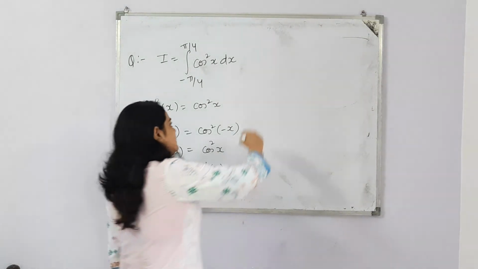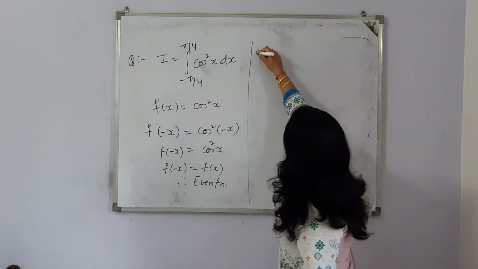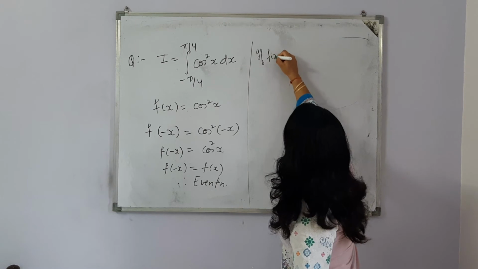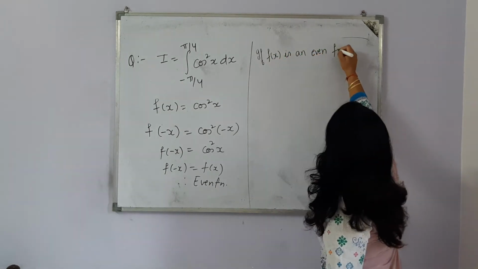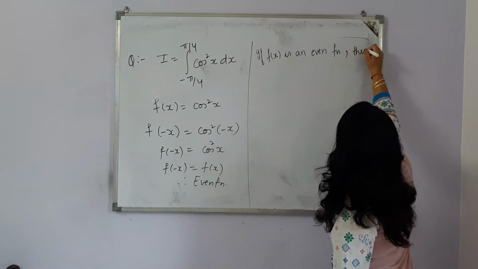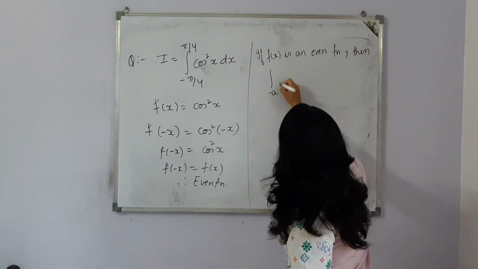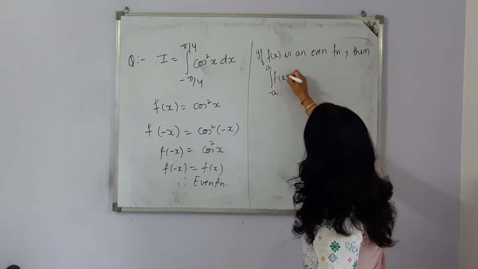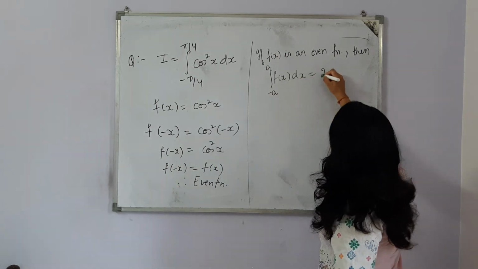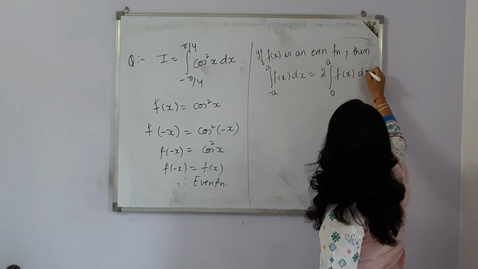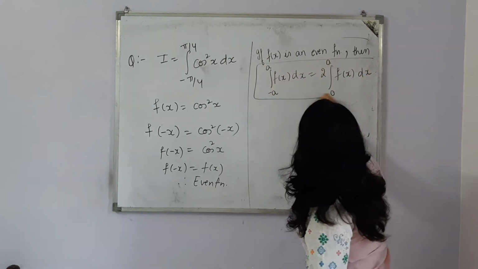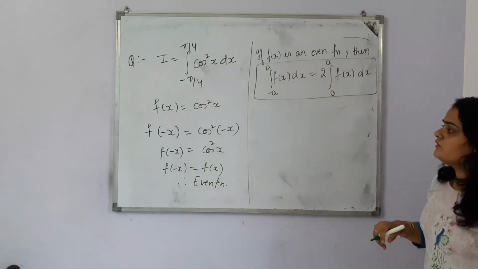And we know in case of an even function, if f of x is an even function, then the integral from minus a to a of f of x dx is equal to twice the integral from 0 to a of f of x dx. This is the property. Then we can apply it here.